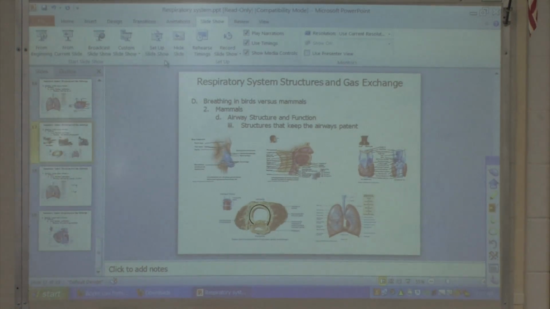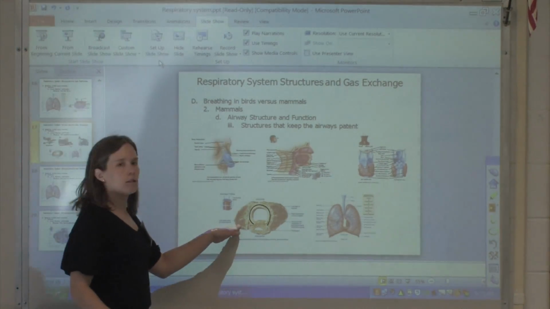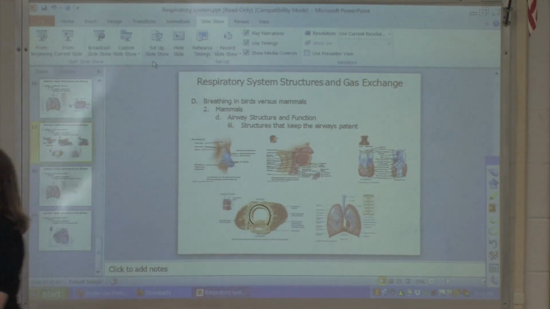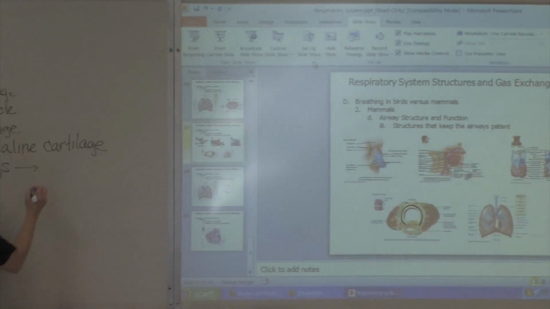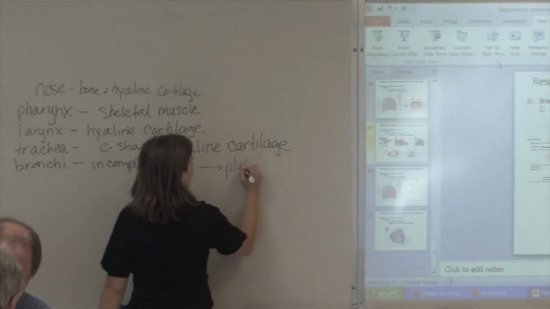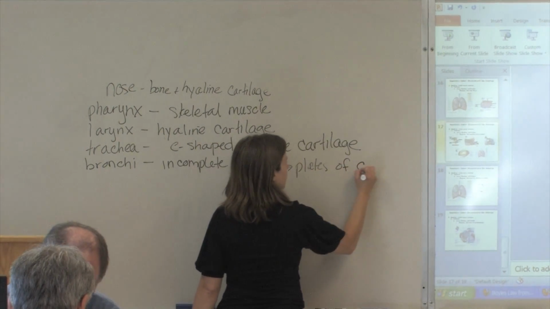Okay. As we move further down the airways, we go from these incomplete rings to plates. So when we get to the bronchi, the primary bronchi start out with these incomplete rings. Those incomplete rings will become smaller and smaller and eventually be plates of cartilage.